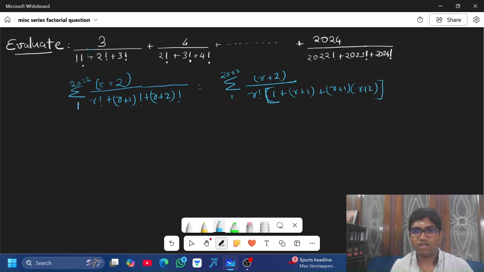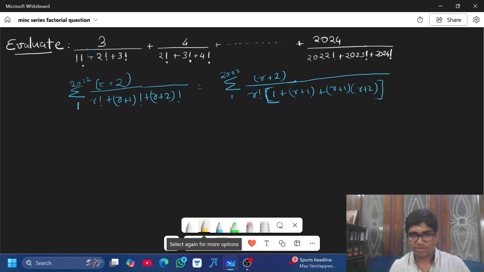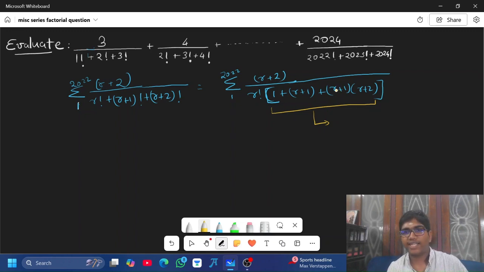So this is how the denominator turns out to be. Now let us try opening this and see whether it turns out to be something we can work with. It turns out to be a quadratic expression: r square plus terms in r, which is 2r plus r plus r, which is 4r, plus the constants 2, 1, 1, so 4.